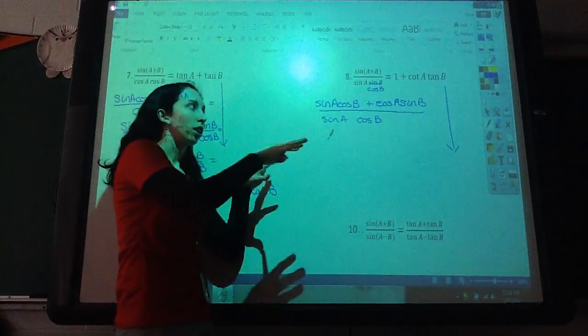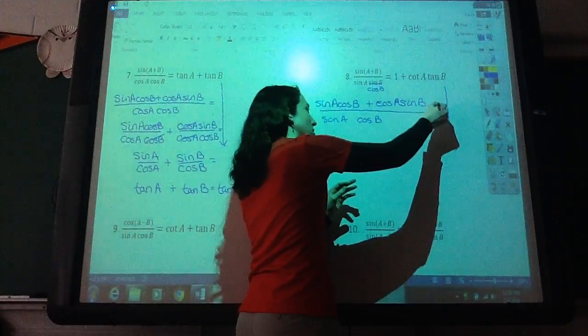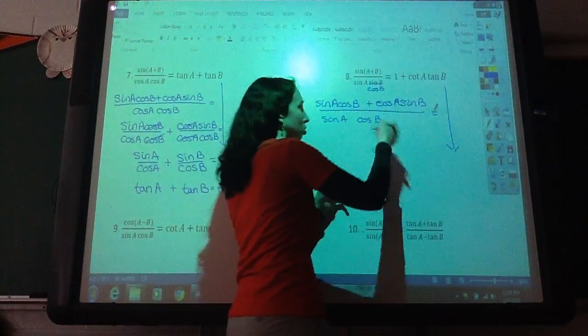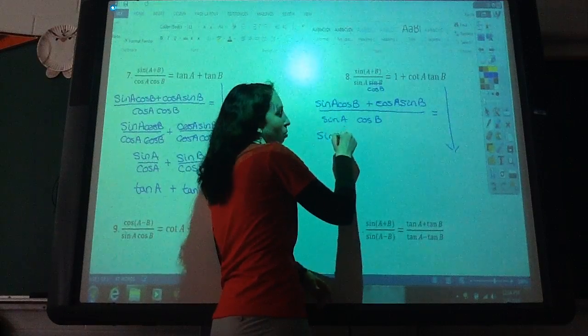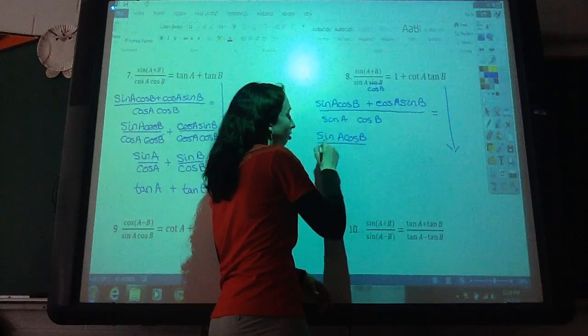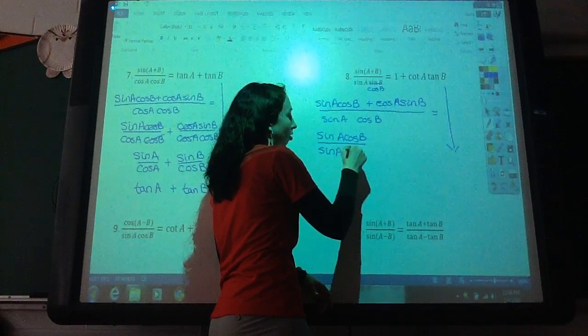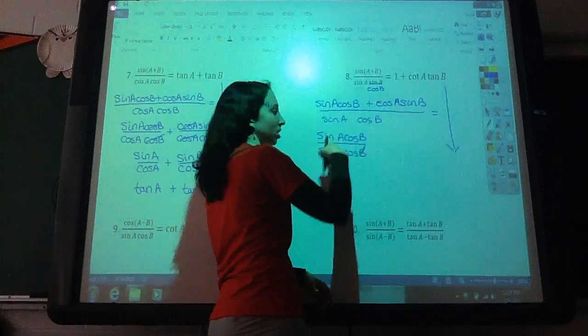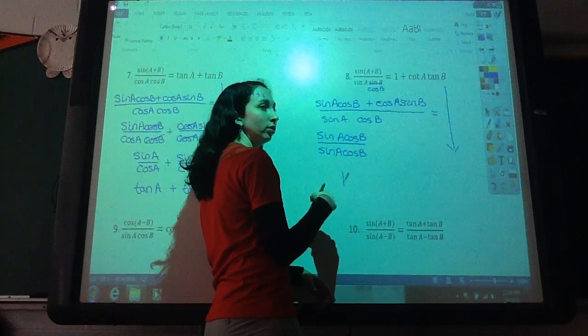So with this, once we have this, just like we did with the messed up version, we're going to split it into 2 separate fractions. But this time the entire first fraction is going to cancel like it's supposed to. All of this cancels and I'm left with a 1.